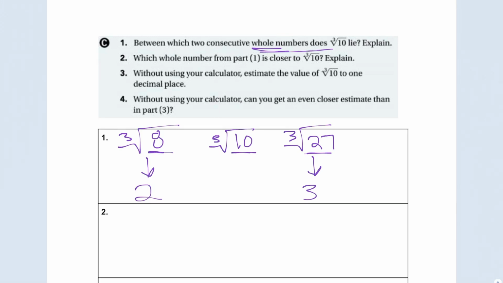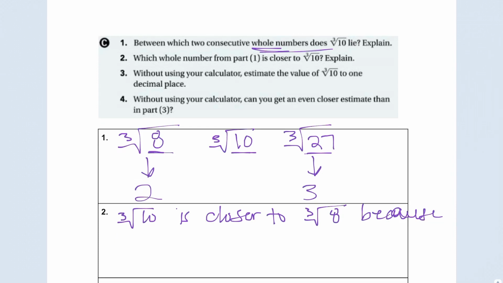So if I were to make an educated guess here, I would say the cube root of 10 is closer to the cube root of 8, because the cube root of 27 is pretty far away, right? At least it appears that way.